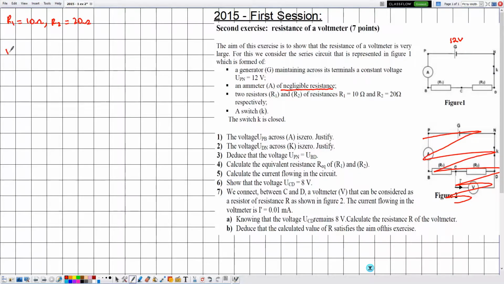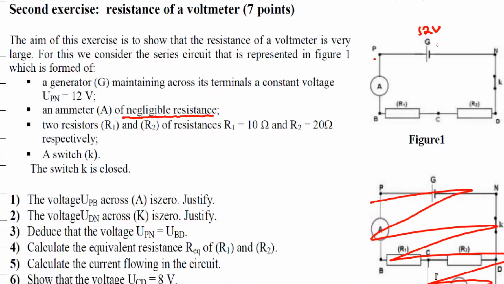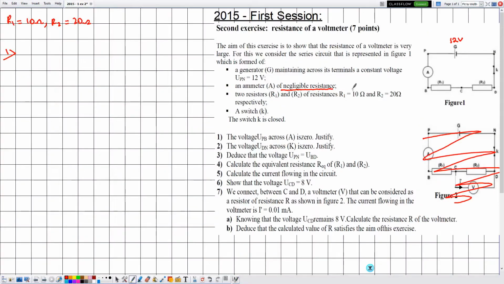Now in number 1, they are telling me the voltage UPB across A is 0. Notice that across P and B we have the ammeter, and because the ammeter is of negligible resistance, the voltage across it is 0.